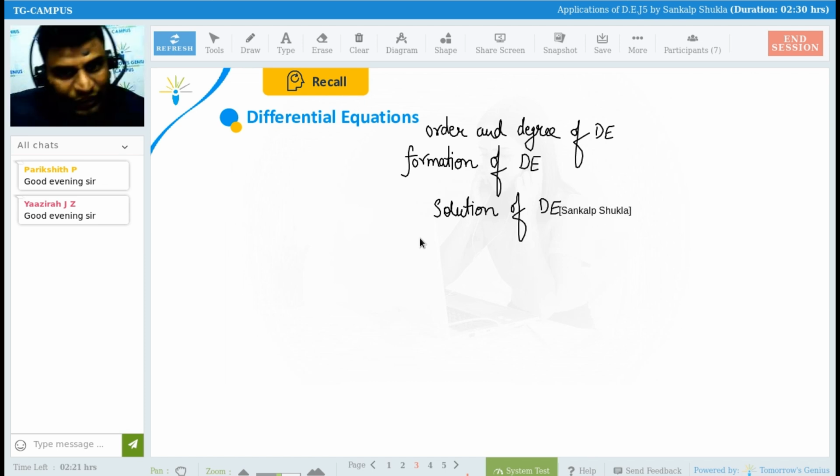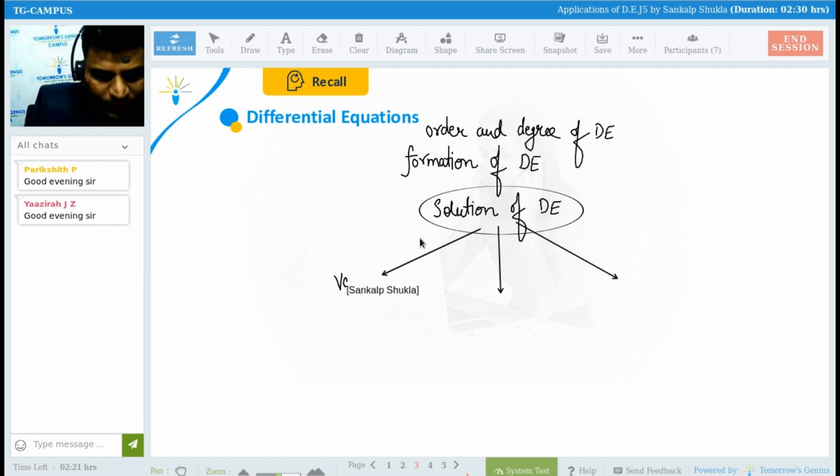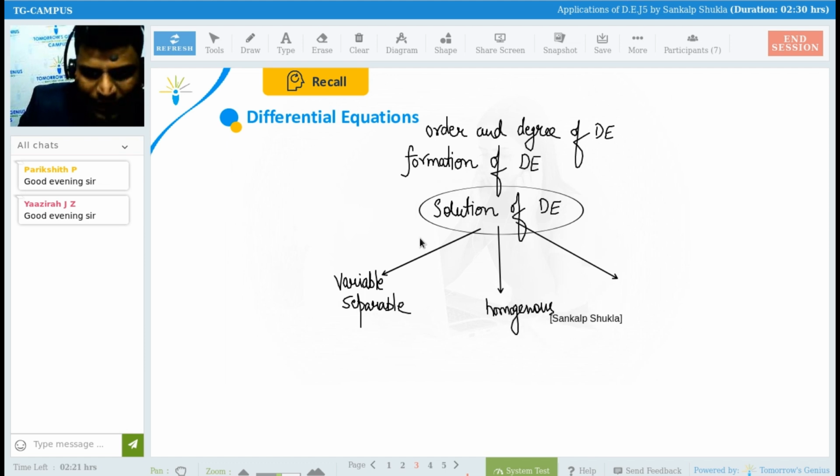In the solution of DE, we have studied 3 methods: first is variable separable, then homogeneous, and linear.